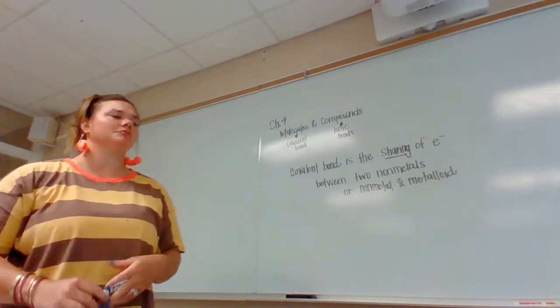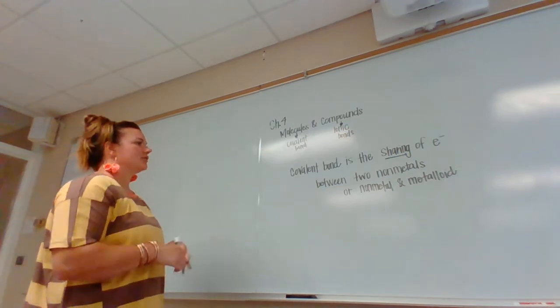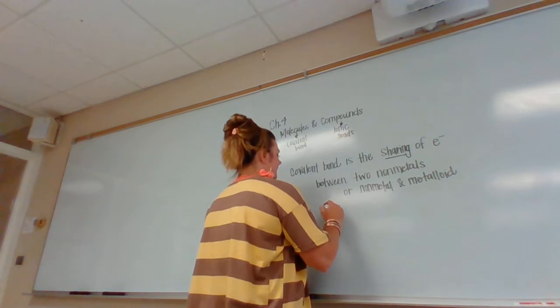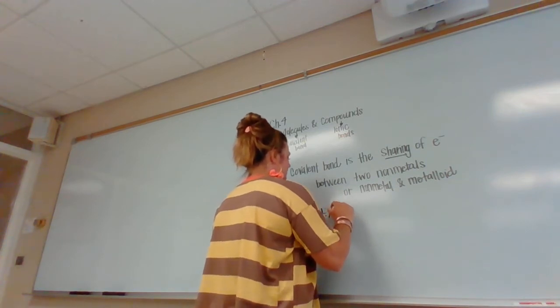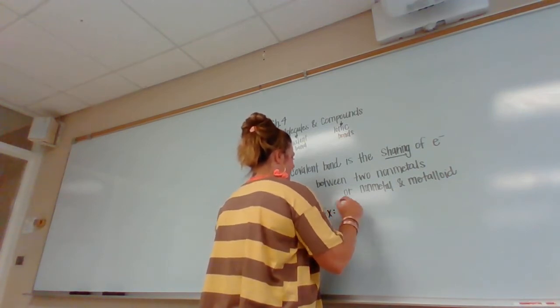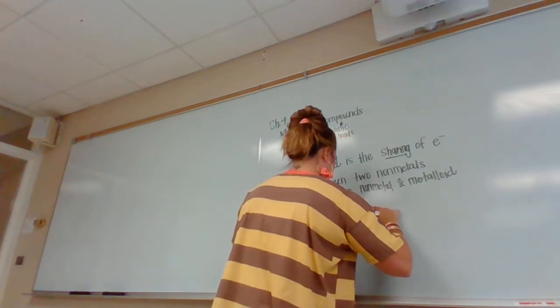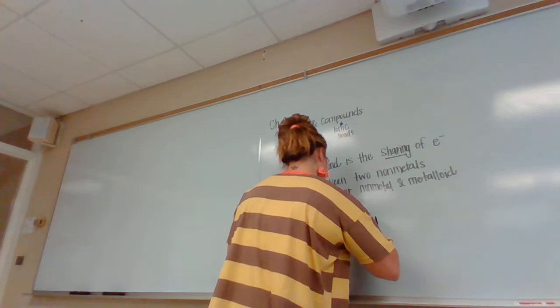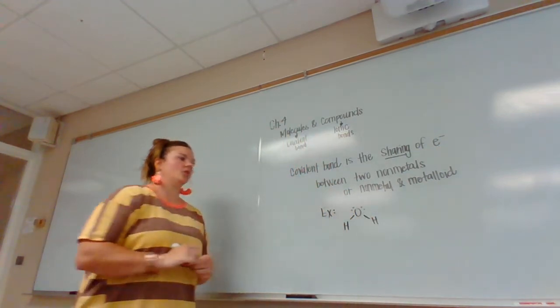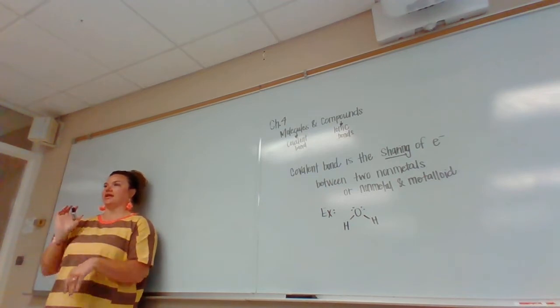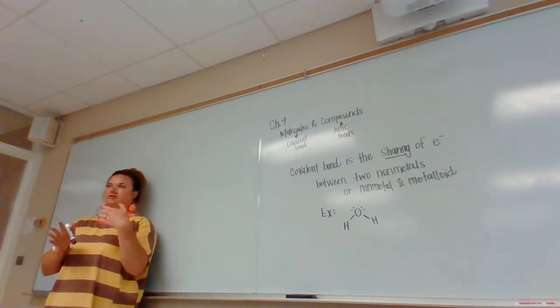So covalent bonded atoms form a molecule. Let me show you how that differs from an ionic compound. So in an ionic compound, I'm simply alternating elements, positive, negative, positive, negative.